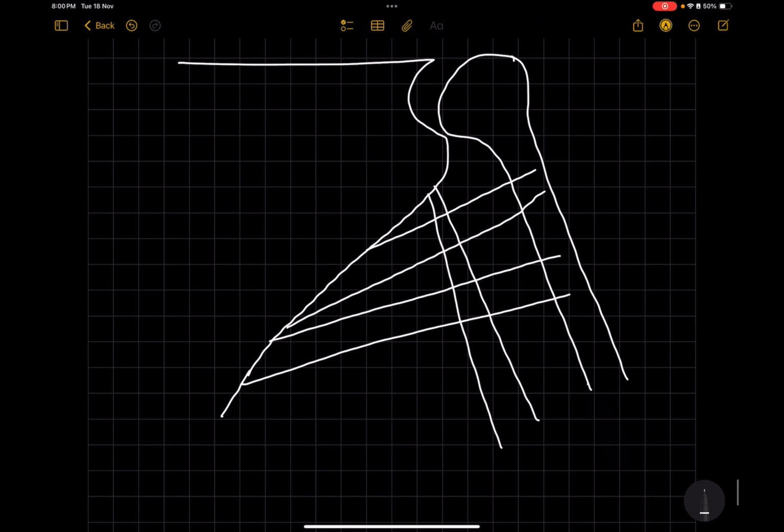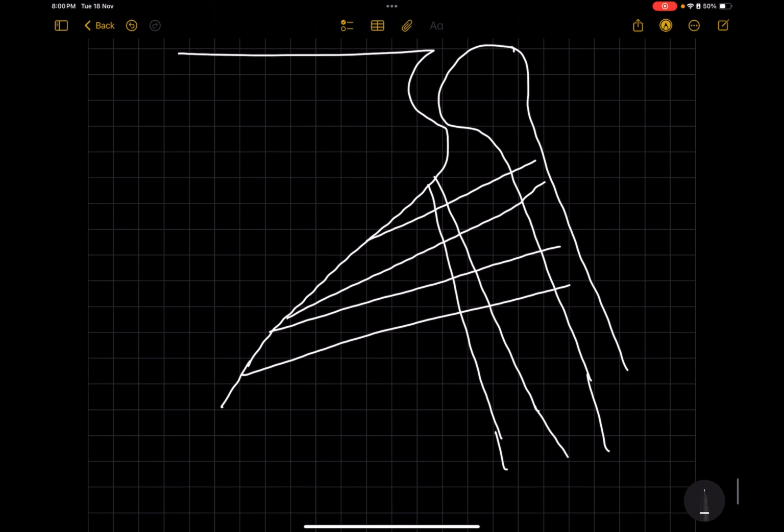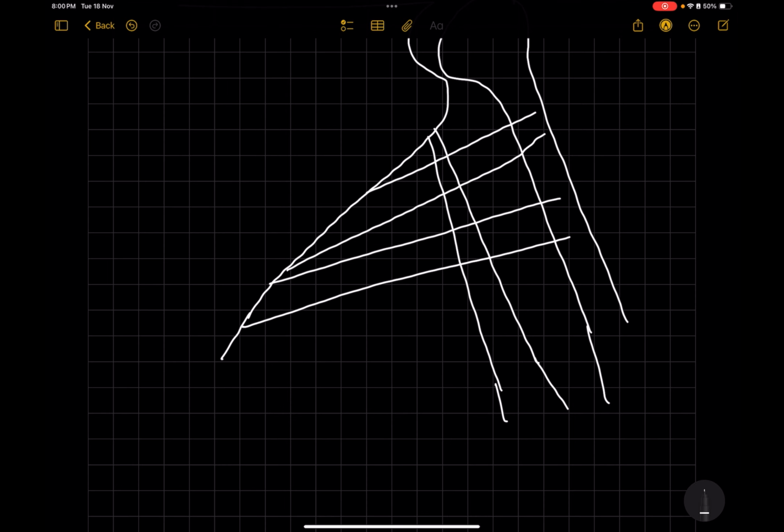Now you yourself are able to see the three spaces that I was addressing. This is your first space, this is your second space, and this is your third space.